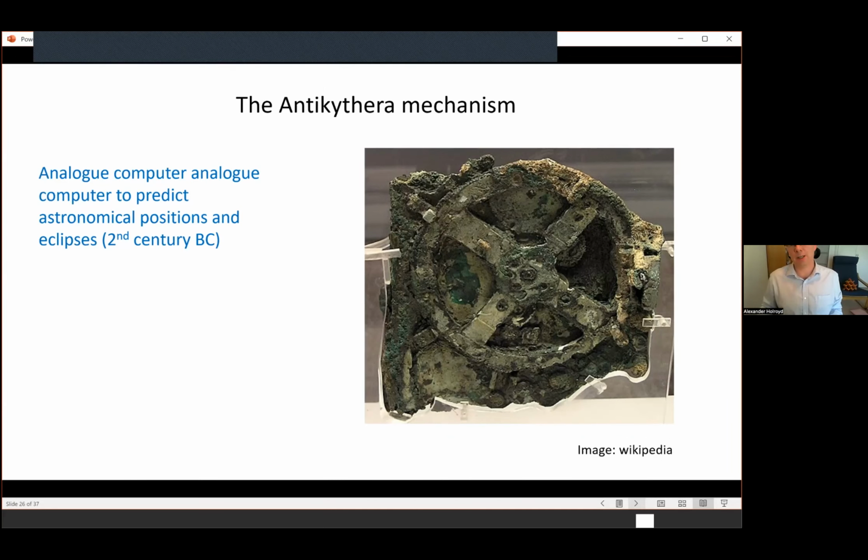And what it appears to be is an ancient analog computer that's able to predict eclipses and other astronomical phenomena. It does it by having a whole lot of gear ratios, and you turn a handle and somehow it predicts the motion of the sun and the moon, and perhaps other things.